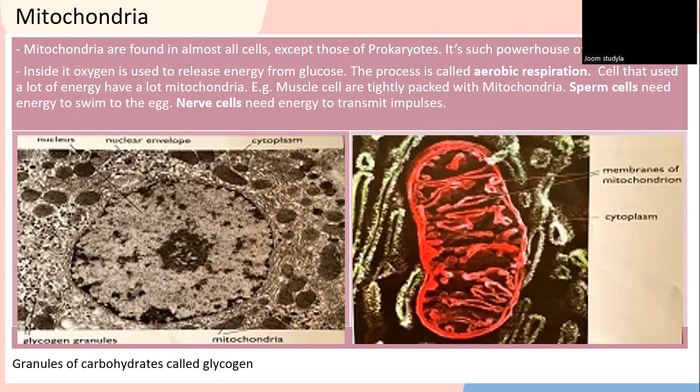We enlarge the cell. We can see the glycogen, mitochondria, cytoplasm, and even the nucleus. As we know, a granule of carbohydrate is called glycogen. And this is also a cell with membranes, mitochondria and cytoplasm.